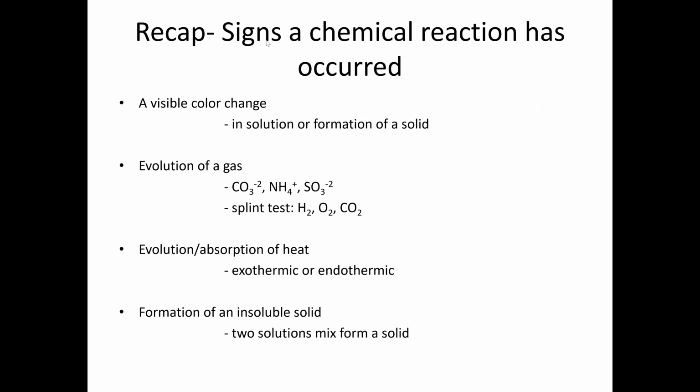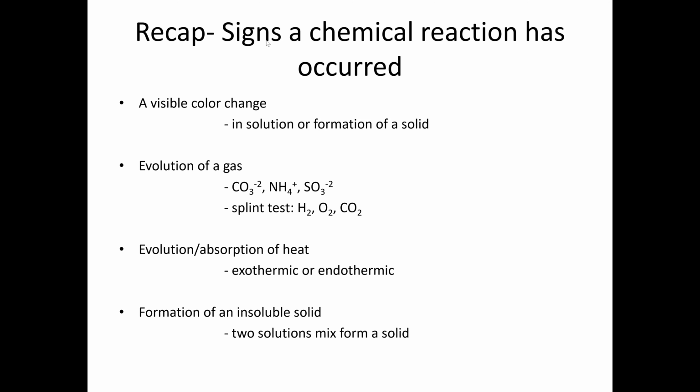We talked about the different types of ions, and when reacted with acids, they give off certain types of gases. And we also delved into the splint test, how we can determine the difference between hydrogen, oxygen, and carbon dioxide gas using the splint test.